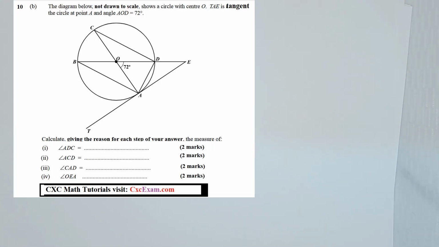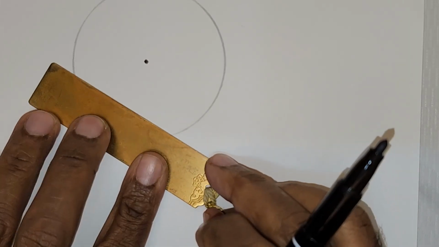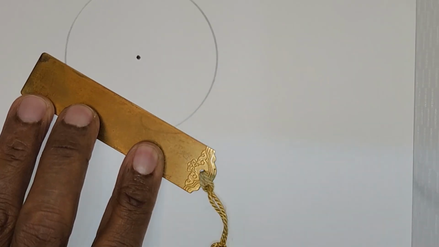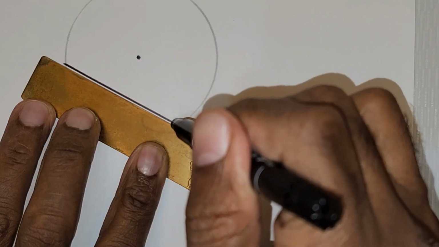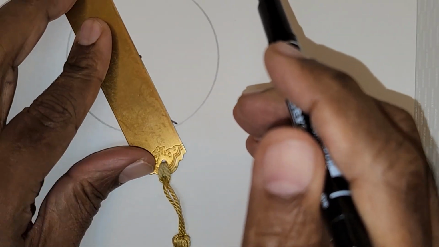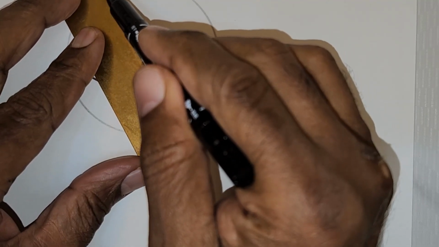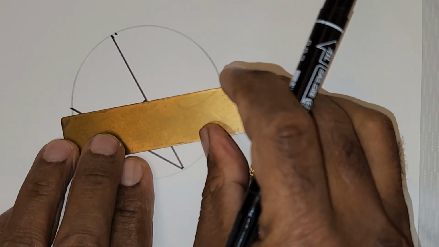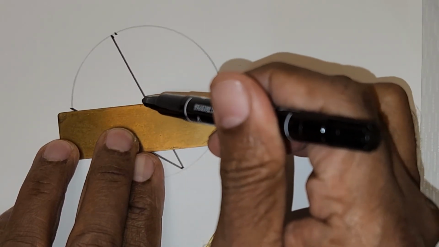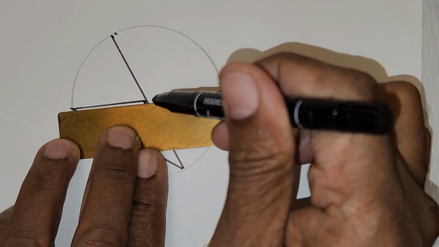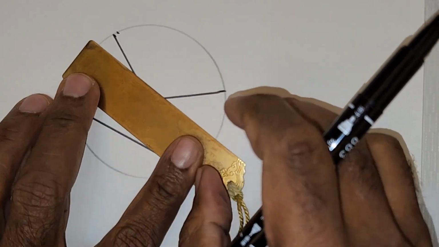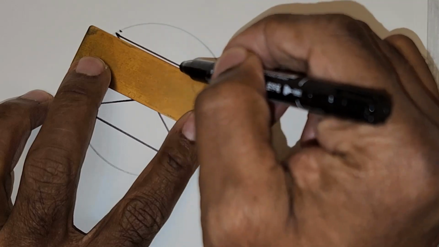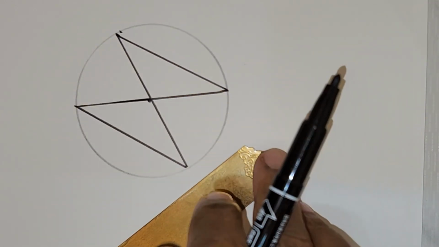Okay, so the circle is drawn, and there's a tangent here, but foremost let me draw the chords. Okay, fair enough.